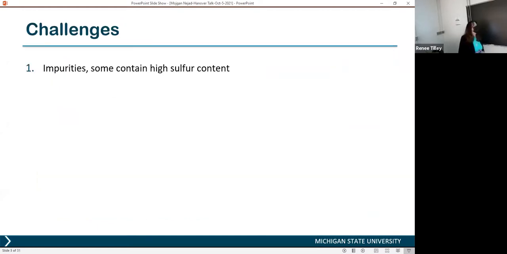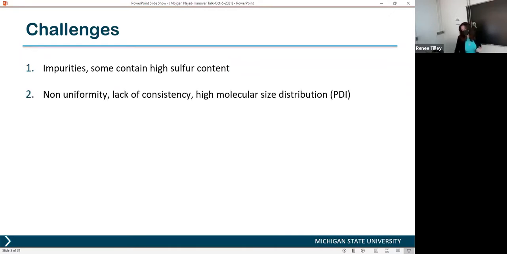If you're going to use lignin for bioproducts applications, there are some challenges. One of the main ones, especially if you are using lignin isolated from the pulp and paper industry, is impurity, because they use sulfite compounds to dissolve lignin to get pure cellulose or high quality fiber. We end up with lignin that has high sulfur content and other impurities.